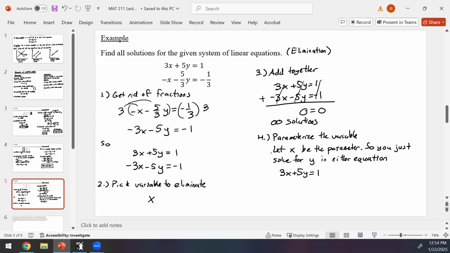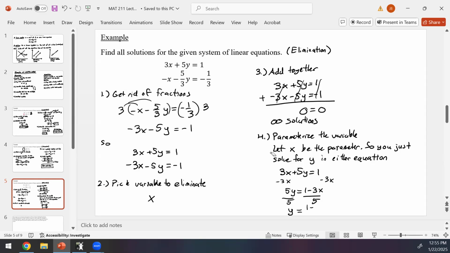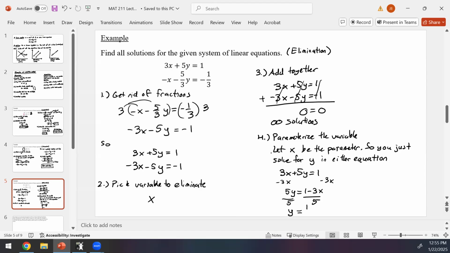And I just want you to solve for y. So we're going to get y by itself. So I'm going to move the 3x over. And so I get 5y equals 1 minus 3x. I'm going to divide both sides by 5. And so I get y equals (1 minus 3x) over 5. Okay. And so now you have y by itself.